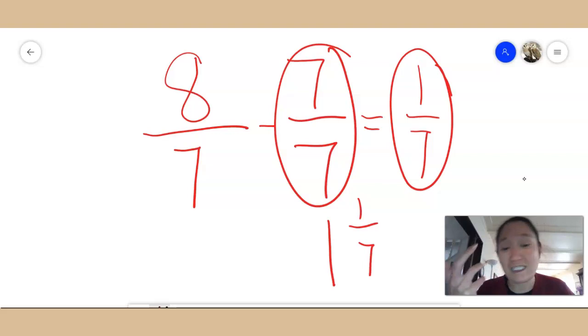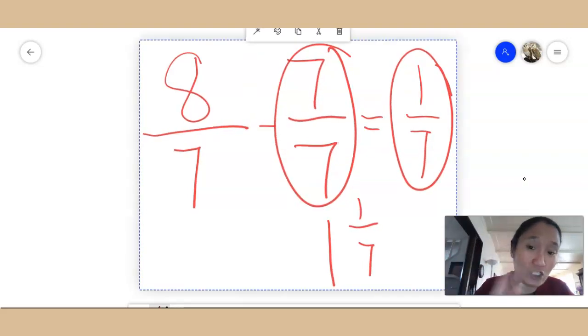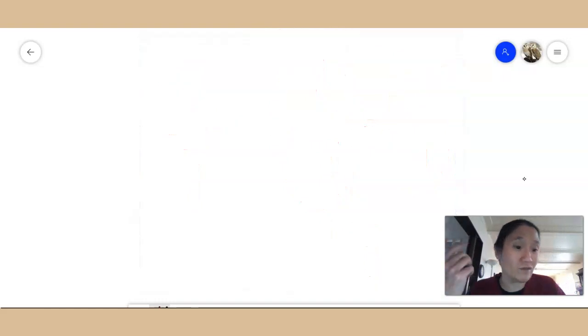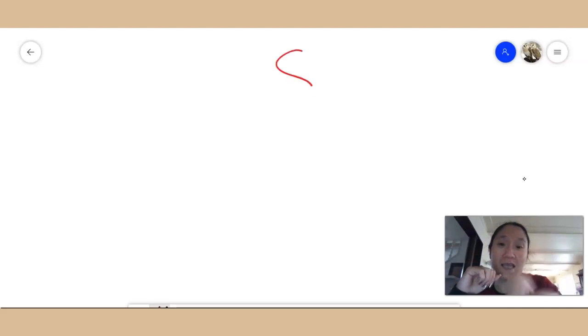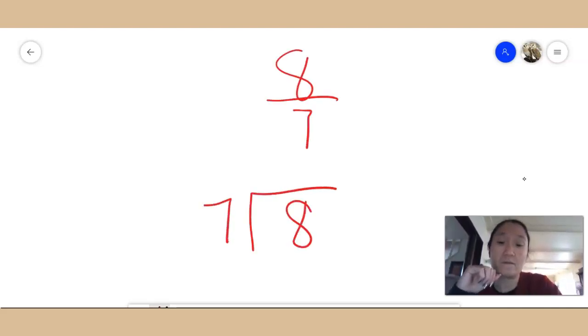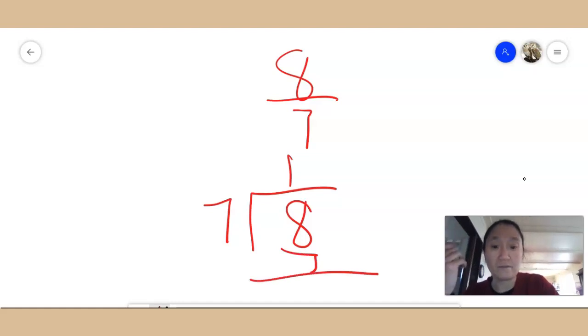So that's probably the easiest way to show you. Some of you are very comfortable with division, and division is probably the most common way you'll work it. So you would take 8/7, divide 7 by 8. You would say I can take out one group of 7, and then that would be 1.